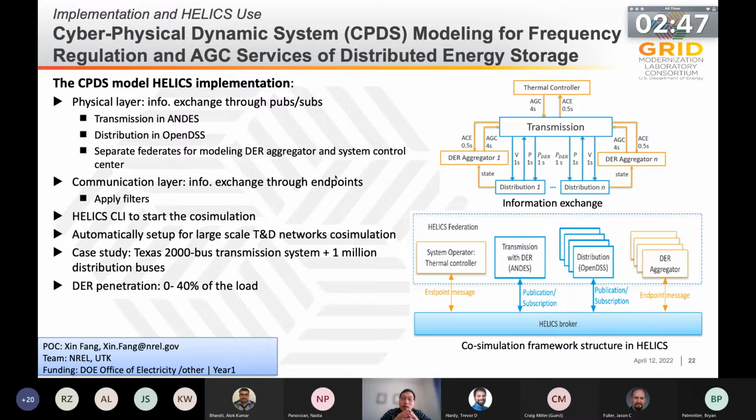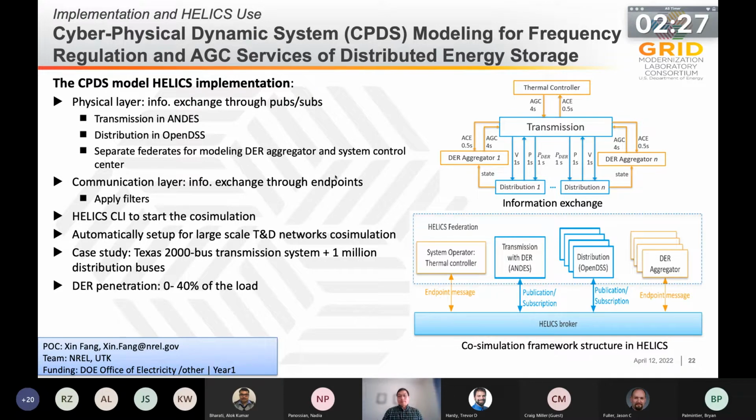The DER aggregator then allocates the AGC signal to individual DERs. We simulate this dynamic response, and we utilize the Helix filter function to mimic the communication delay or packet drop of the DER's AGC signals.